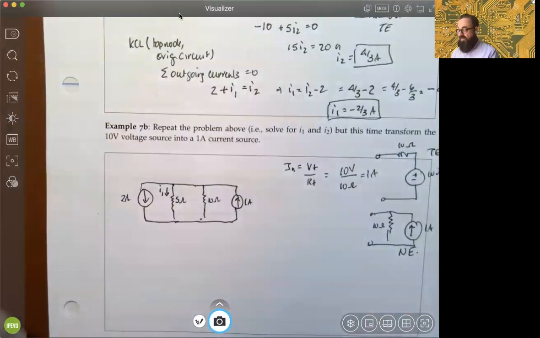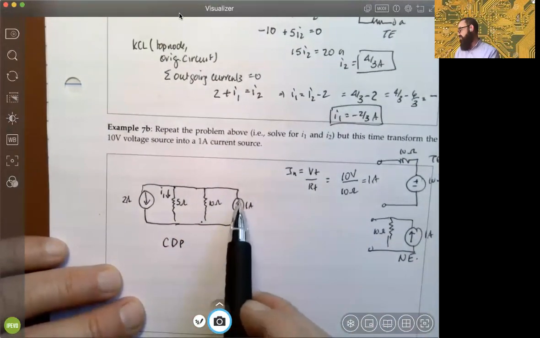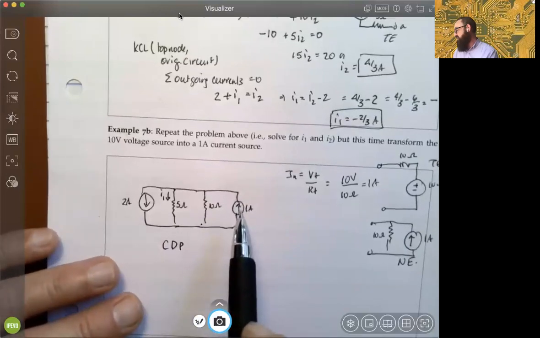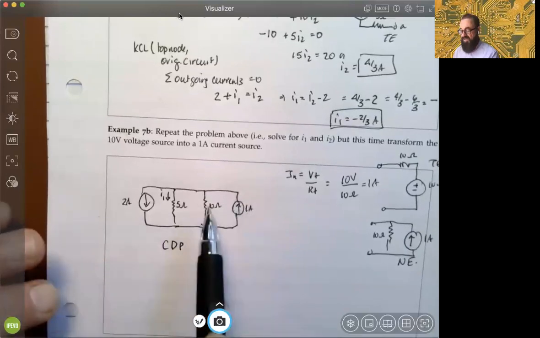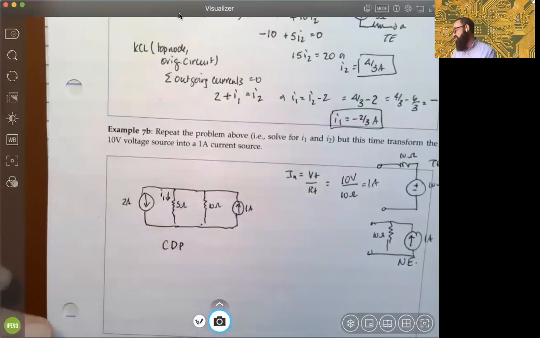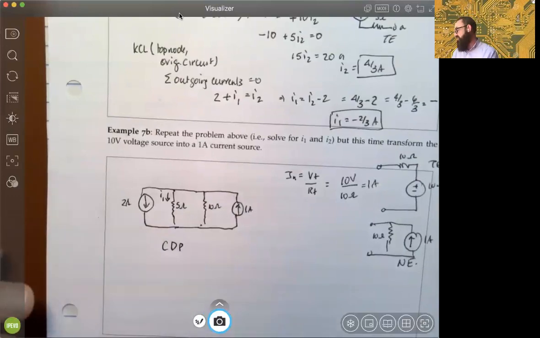Well, if you remember current division, what we have here is this 1 amp current. We have a division of the current, say in this top node, splitting out between two resistances. So what we've got to represent here is how we could use CDP effectively.